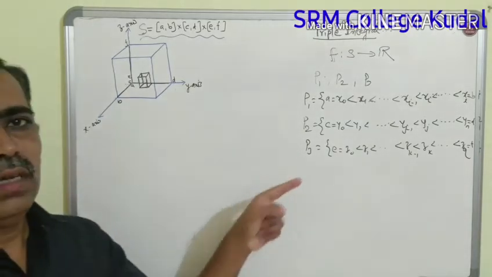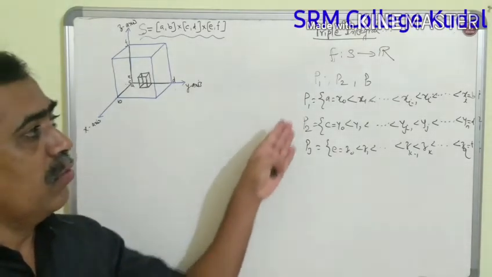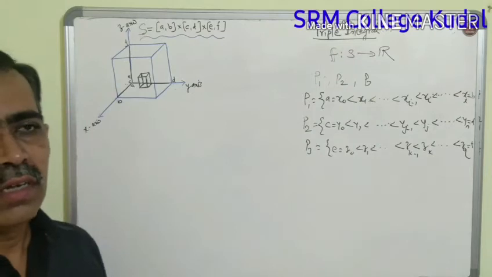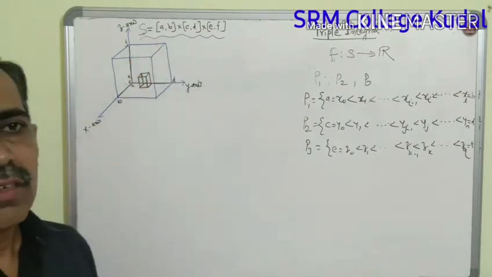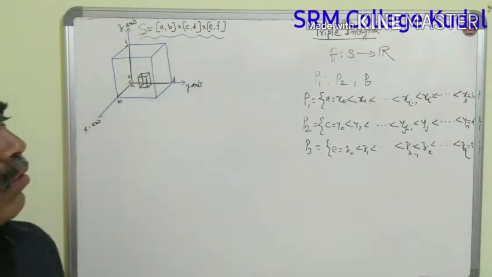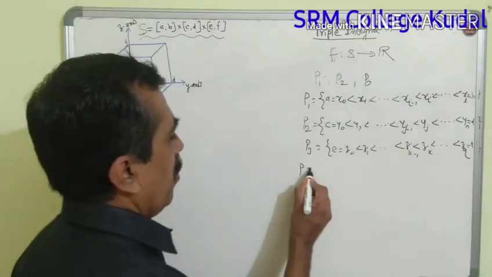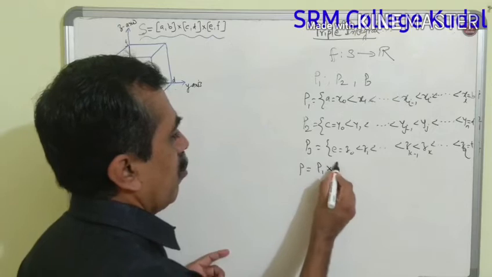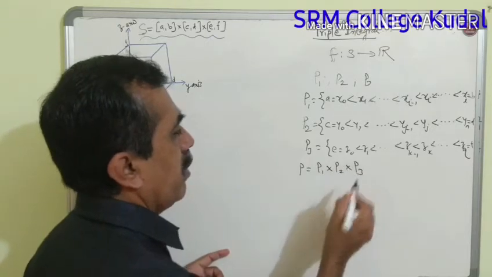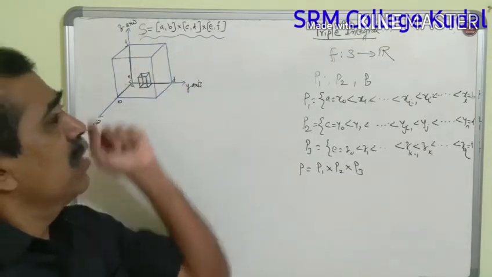P1, P2, P3 are the partitions of the three edges of this cuboid S, which is the cross product of these three. Now P = P1 cross P2 cross P3, as our aim is to partition the cuboid.